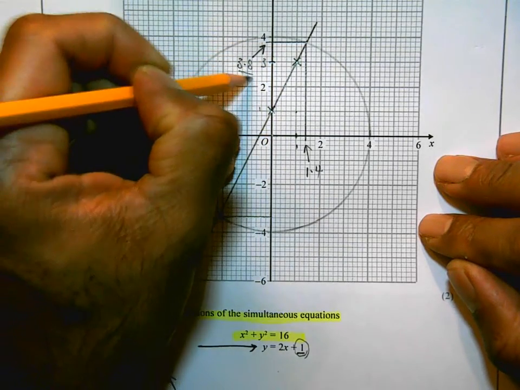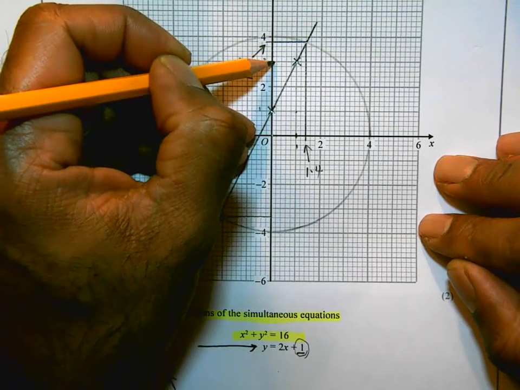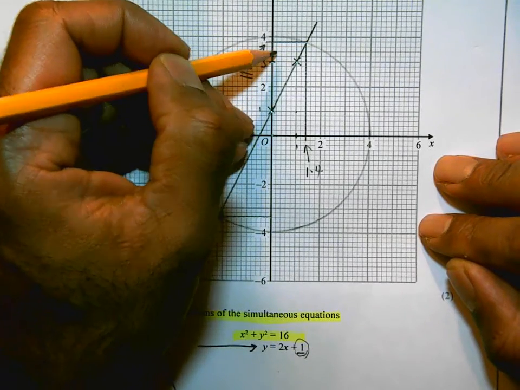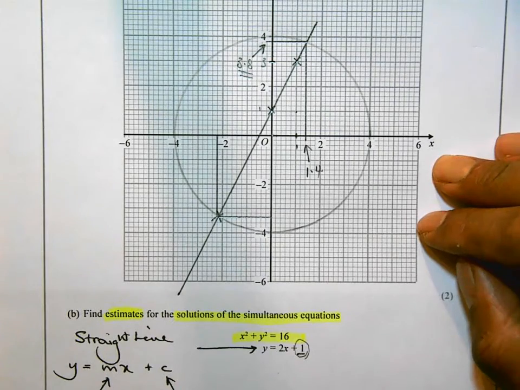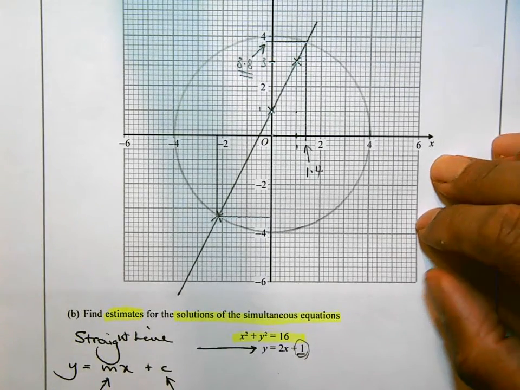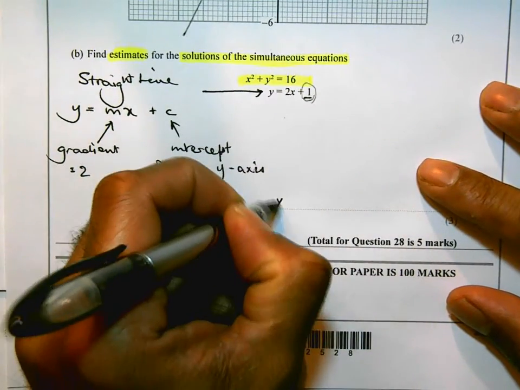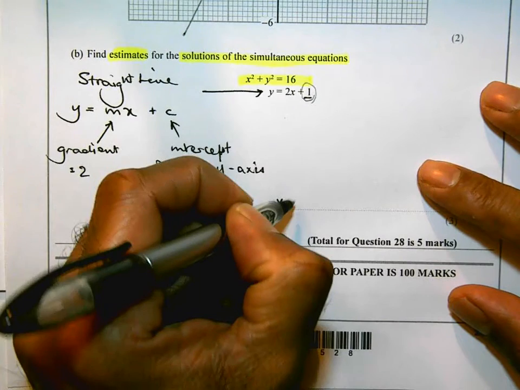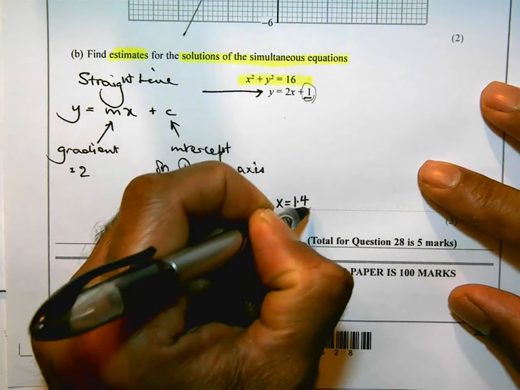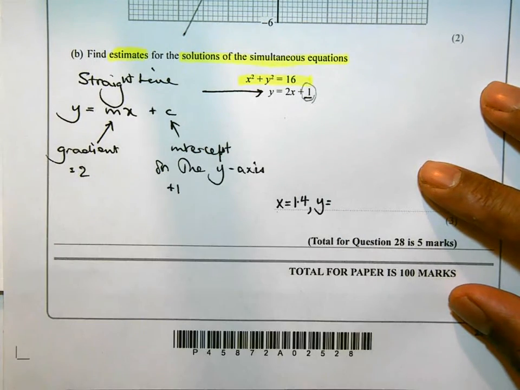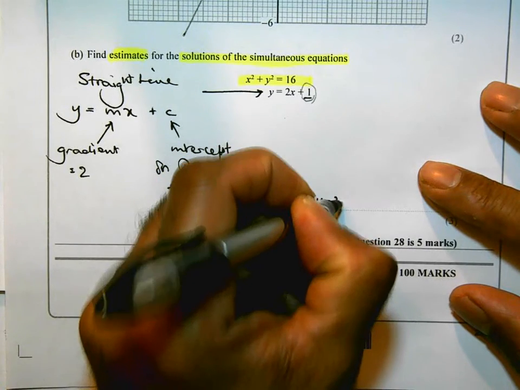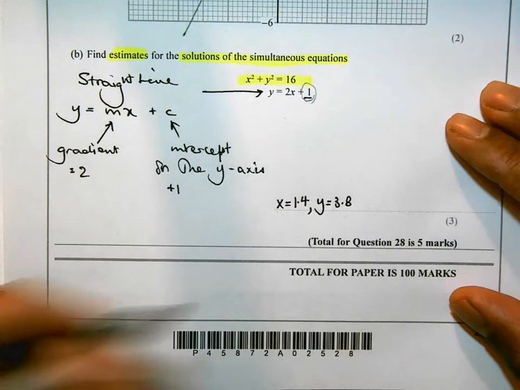As I said, read the scale very carefully. The 5 tiny squares, they're going up in 0.2s. So that is one of the solutions that I'm going to write into the answer space. I'll write that in straight away. When x is equal to 1.4, y is 3.8. So that's one of the solutions.